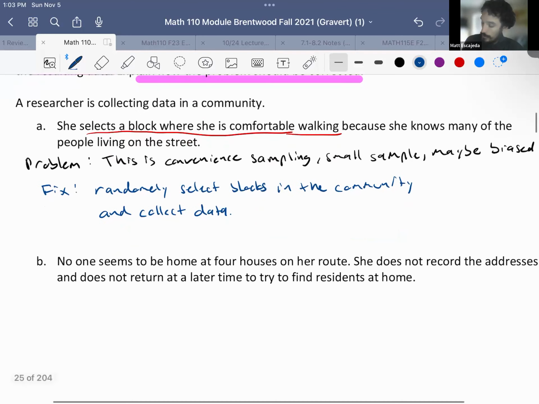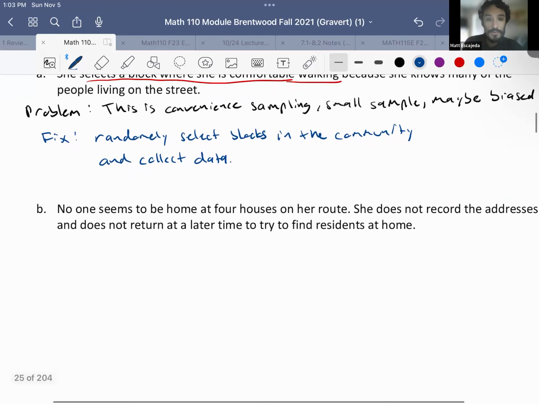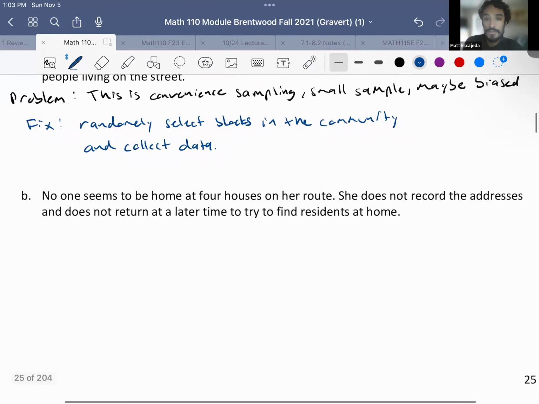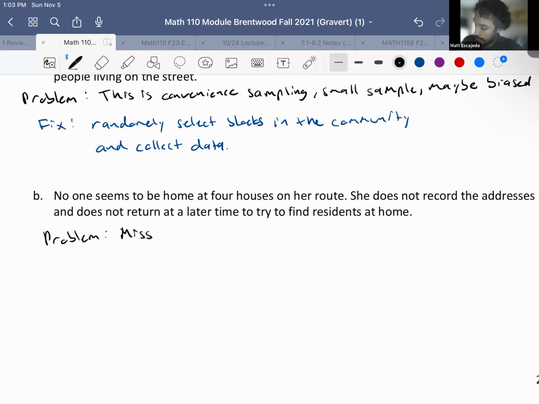Okay, so part B says no one seems to be home at 4 houses on a route. She does not record the addresses and does not return at a later time to try to find residents at home. So the problem here is you're missing data, and it could be biased. Actually, not could be, it is biased.